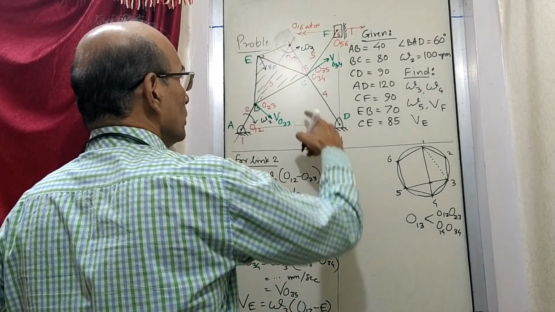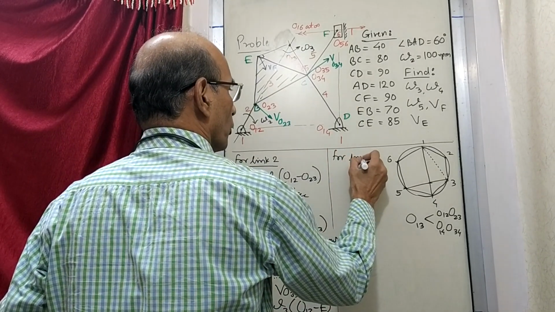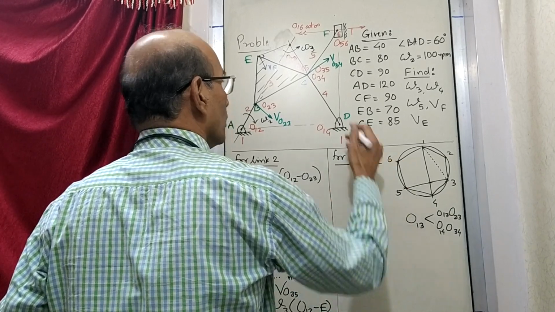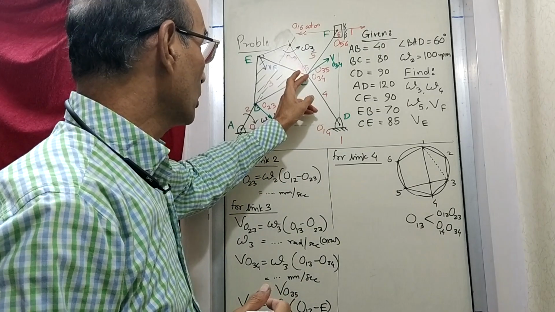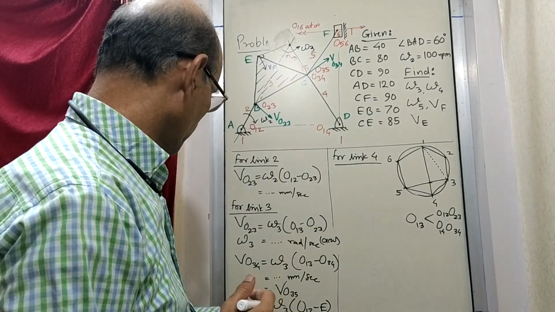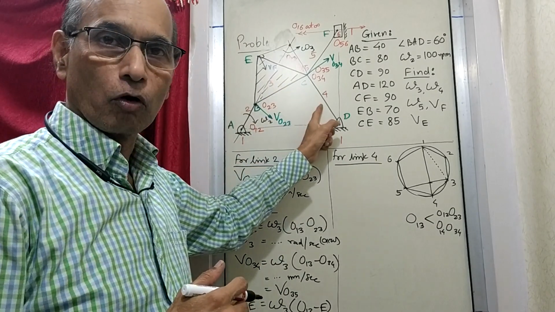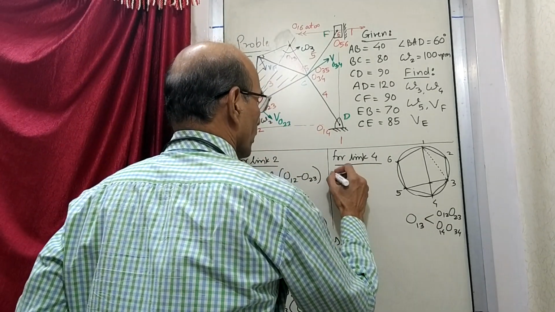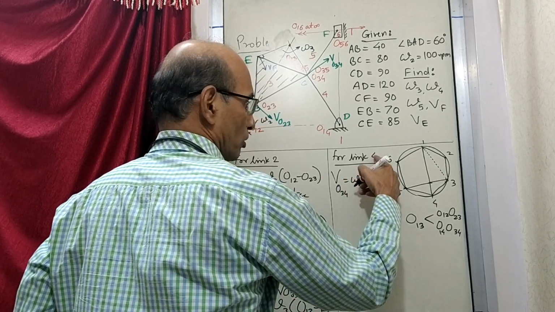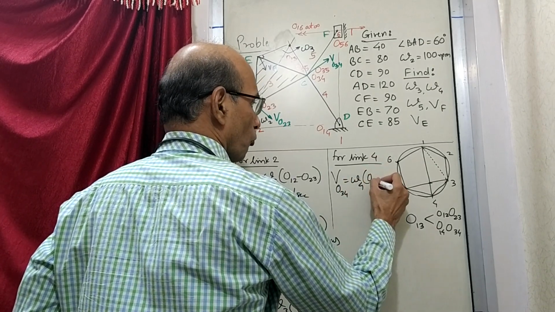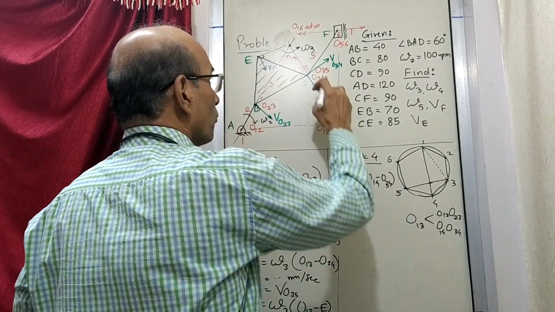Now let's go to link number 4. For link 4, you can say that velocity of 34 is already known. Now this 34 is a point on link 3 and also on link 4. So we say that velocity of point 34 is equal to omega 4 and distance from 14 to 34.